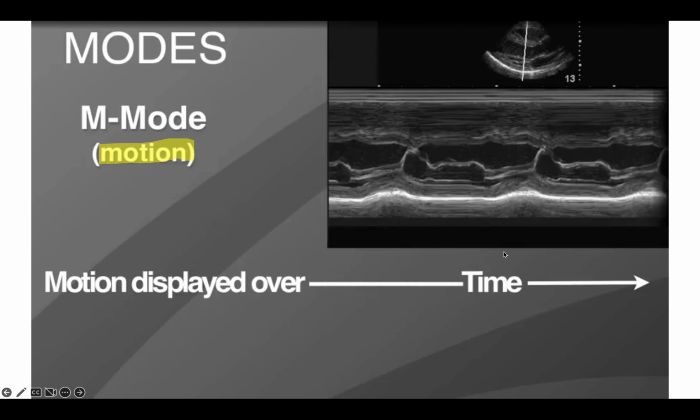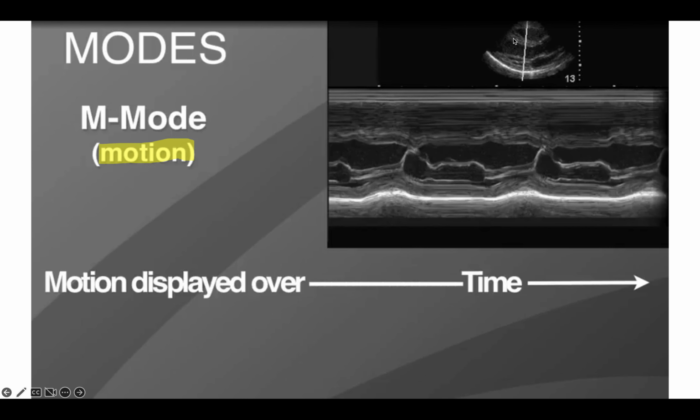If you look right here, we see an example of M mode for echocardiography. This is a parasternal view, and we look through the ultrasound through this line plotted in time.